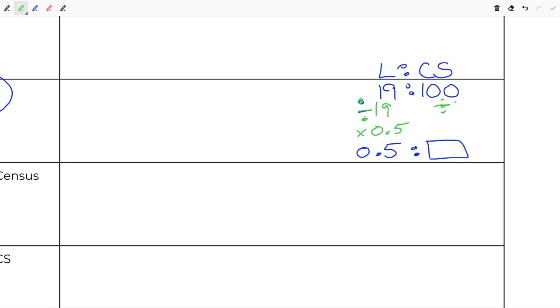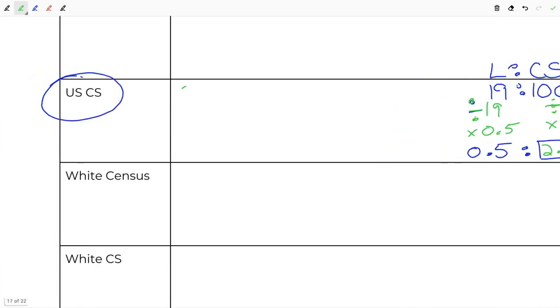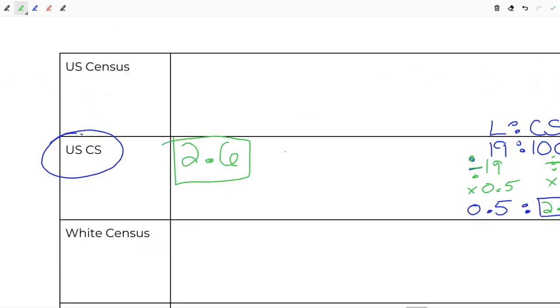Divide by 19 and multiply by 0.5. And we get 2.63, which turns into 2.6. So on our lawn, in our little fake criminal justice correctional system, we have 2.6 people.